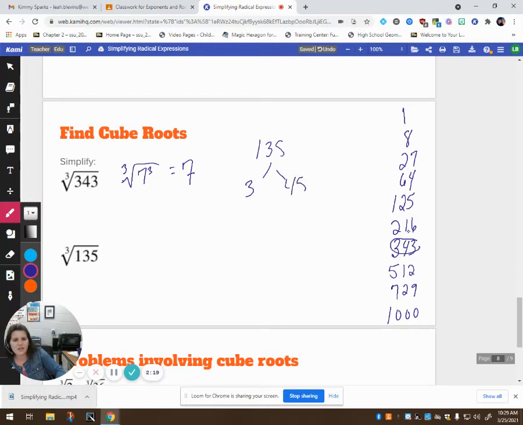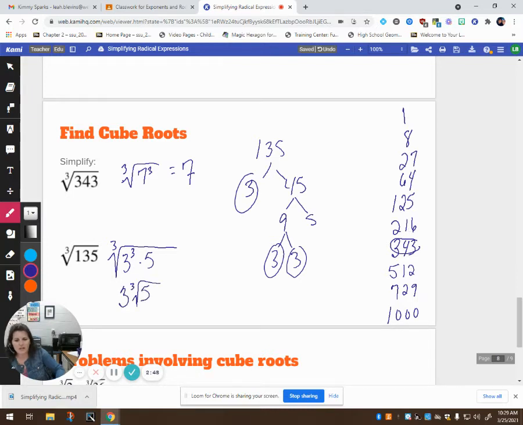Let's break down 45. 45 is the same as 9 times 5. We can break down 9 into 3 times 3. And look at that, we've got 3 times 3 times 3 times 5. So I have 3 cubed times 5. The cubed root and the cube on the 3 cancel, so I'm left with 3 times the cubed root of 5.